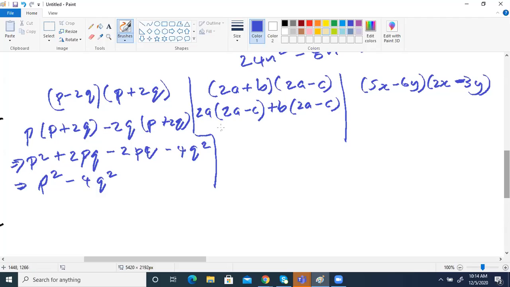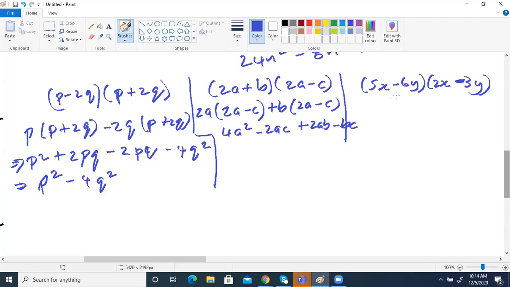So this becomes 4a squared minus 2ac plus 2ab minus bc. When you look, I don't see anything that can cancel, so we call it a day.